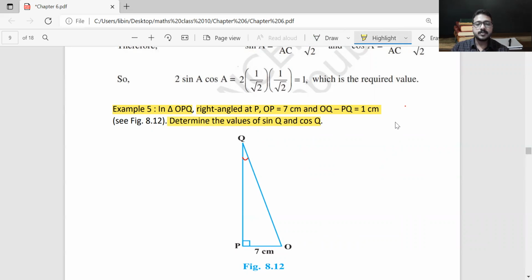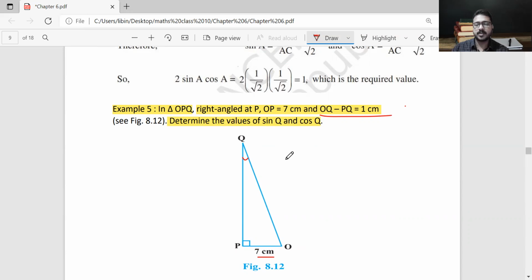In the previous questions, the lengths of the sides were given directly, but here only one side, OP, is given directly, but OQ and PQ are not given. Instead, a relation connecting these two values is given, which is OQ minus PQ is equal to 1 centimeter.